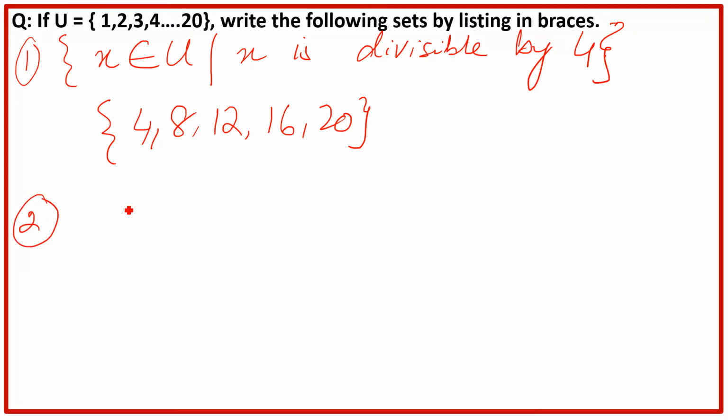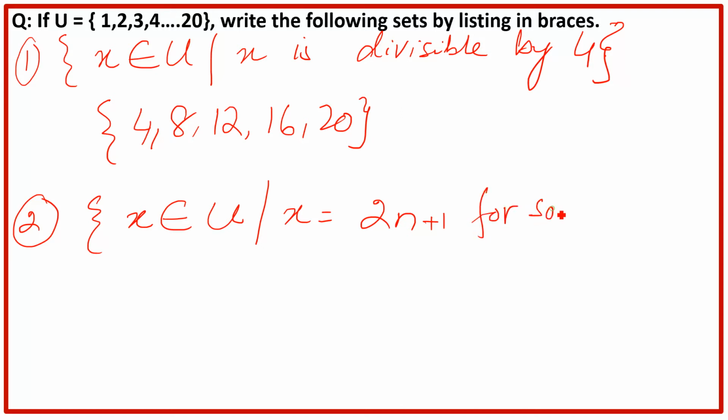Suppose we have another question. Second, I will write down here, suppose x belongs to U, that whatever we are going to write should be from 1 to 20, such that x equals 2n plus 1, for some n belongs to N. It means we have to select some, not all.